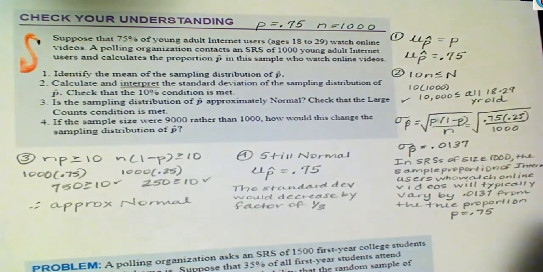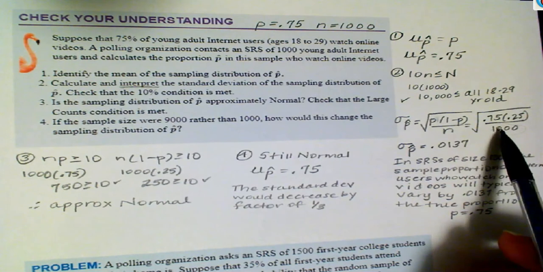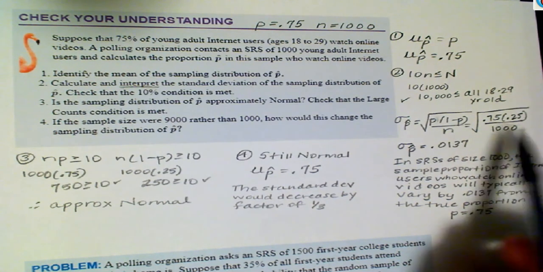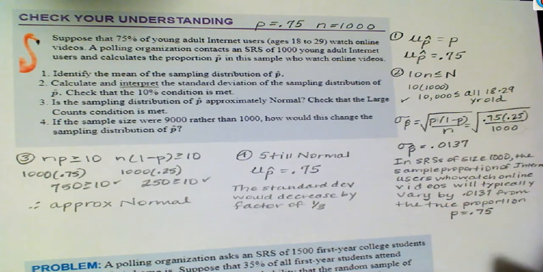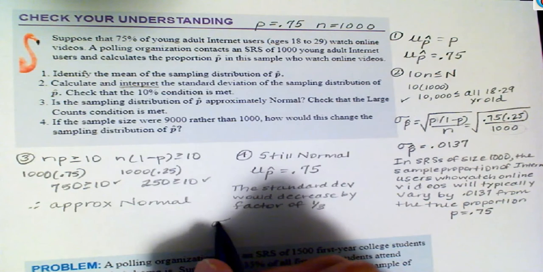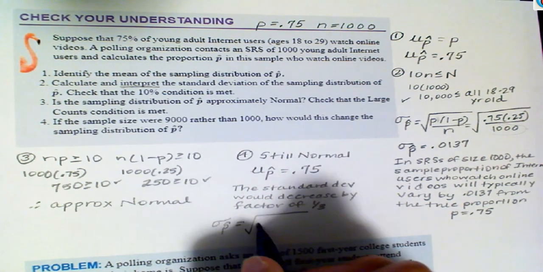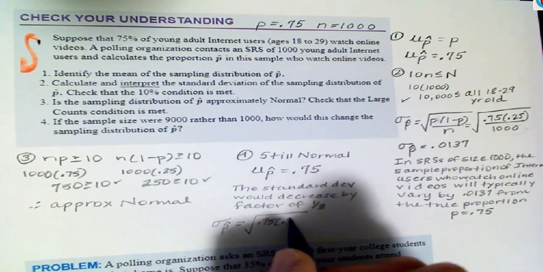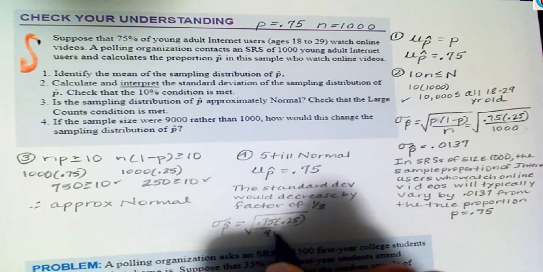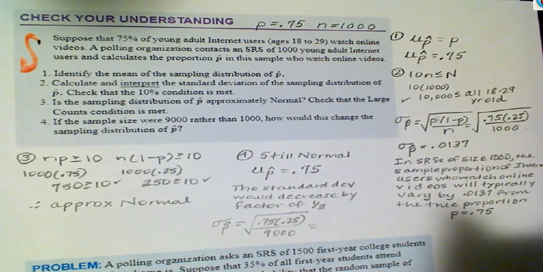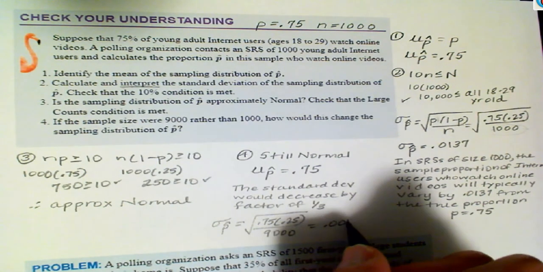And mathematically, the reason why that is instead of 1,000, you'll have 9,000 here. So you're multiplying by 9, and the square root of 9 is 3. So that's mathematically how I'm getting that. But if we actually go through and we do the math here, we're going to have 0.75 times 0.25 divided by 9,000, and that's equal to 0.0046.